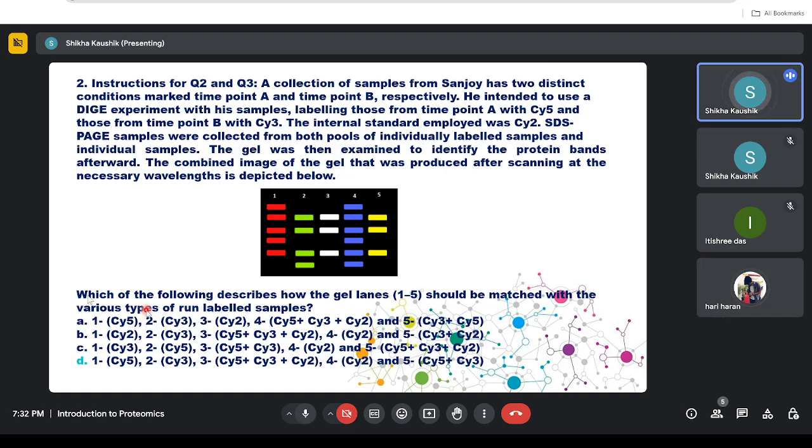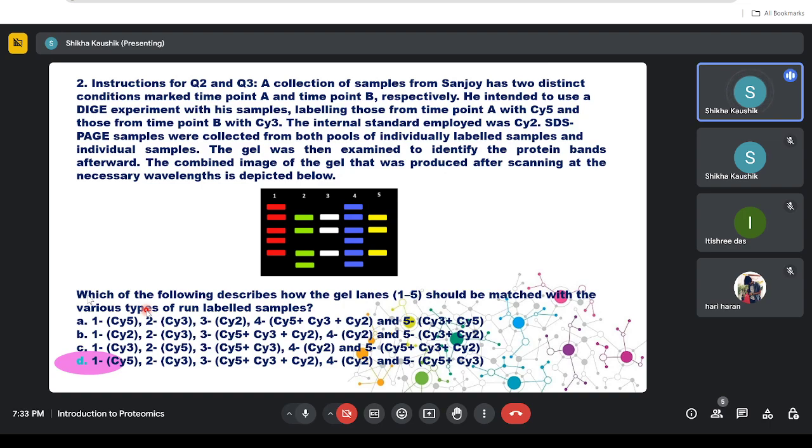I think you used the smart approach here. Yes, the answer is going to be, oh, it's already labeled. Anyway, yes, as we have already discussed, Cy5 gives you red color, so the first sample is going to be Cy5. Then you have Cy3, which is green in color when it fluoresces. So the fluorescence of Cy3 is green, the second is green.